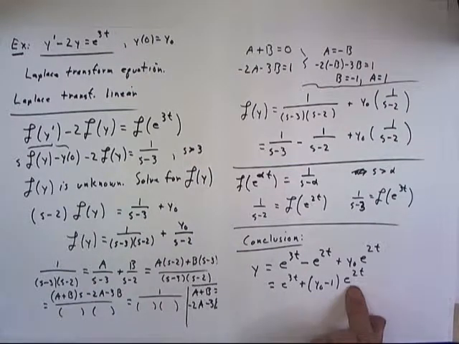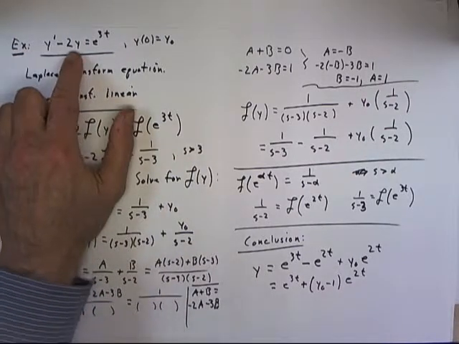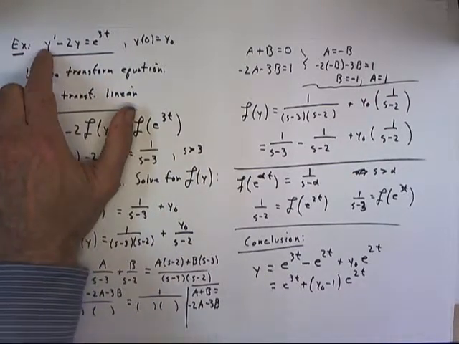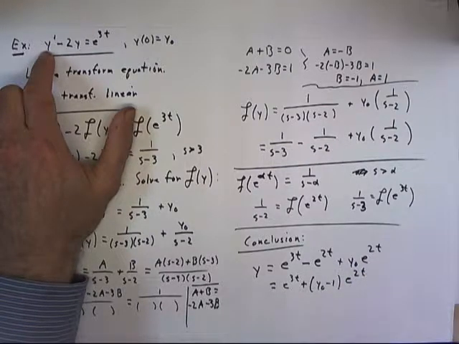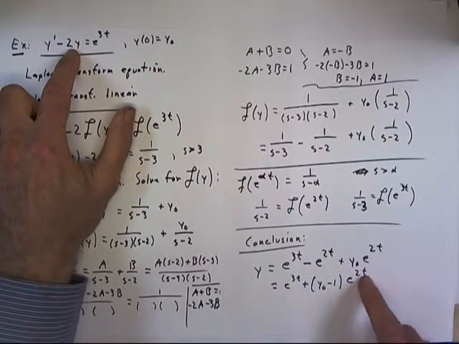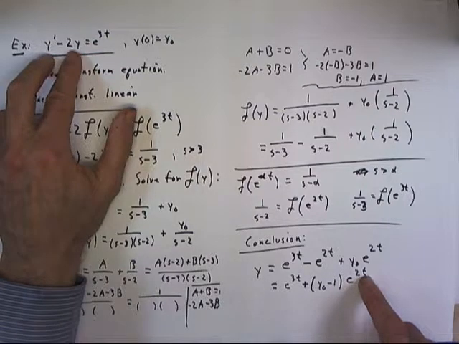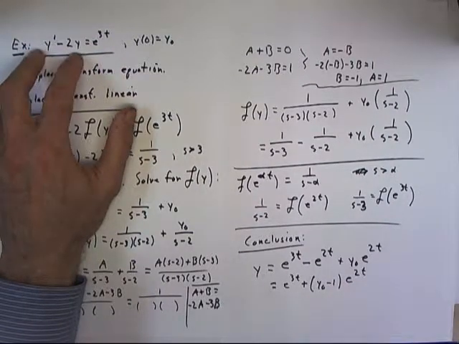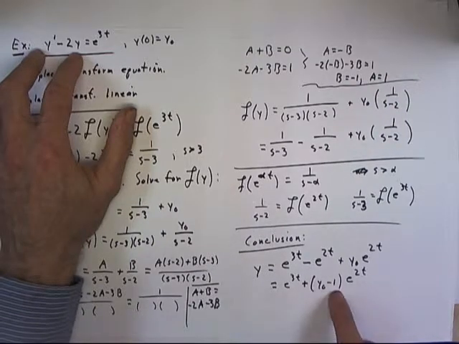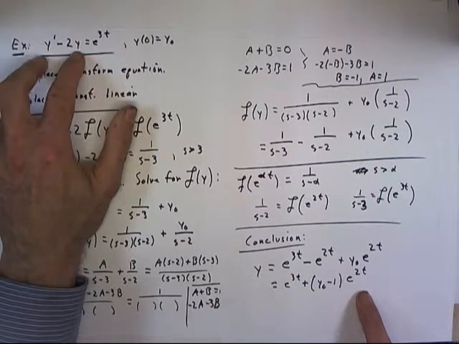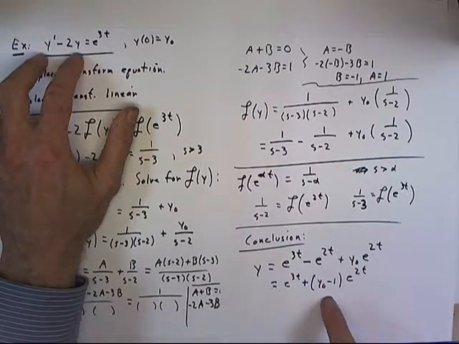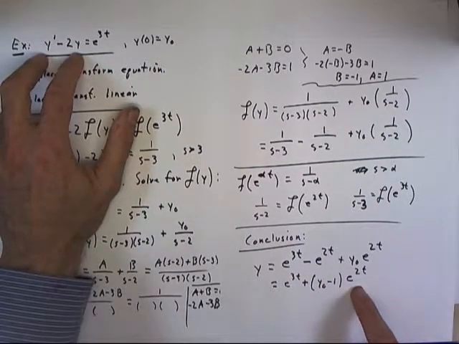And let me just observe that e to the 2t plugged into the left-hand side of this equation gives us 2e to the 2t, the derivative of e to the 2t being 2e to the 2t, minus 2 times e to the 2t. That gives us 0. It's 2e to the 2t minus 2e to the 2t. And it doesn't matter if there's a y naught minus 1 in front of the e to the 2t. It's going to carry through to both of these terms. And this much of our solution gives us 0.